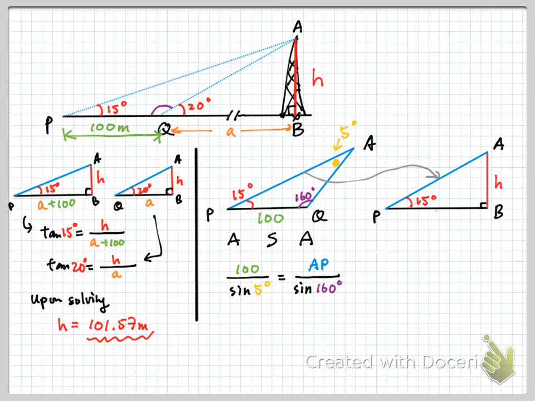We have H divided by AP equals sine 15 degrees. It is a trigonometric ratio. Putting the AP back into here. So in this method, the most important are the two gray arrows here.